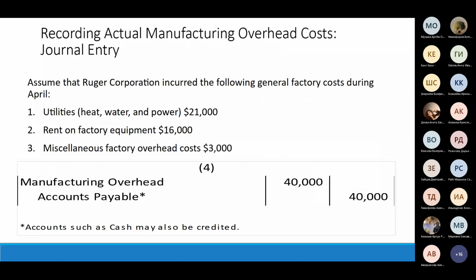Then we record actual manufacturing overhead costs using specific drivers, for example.